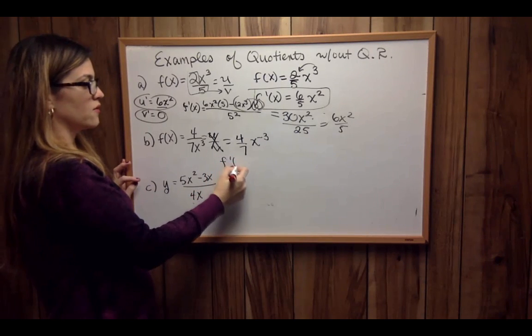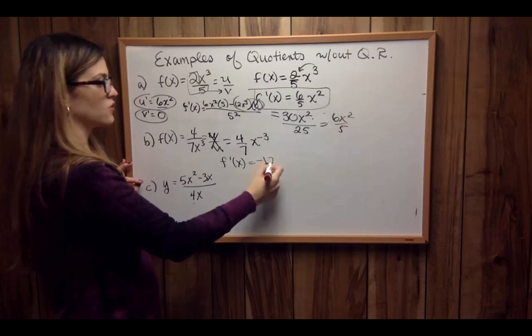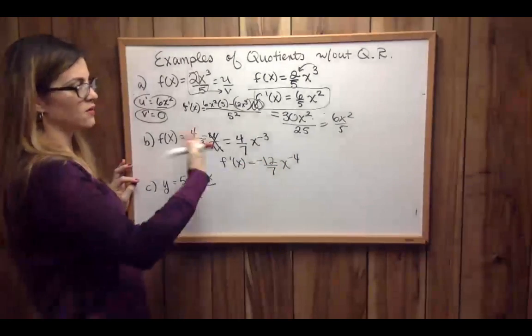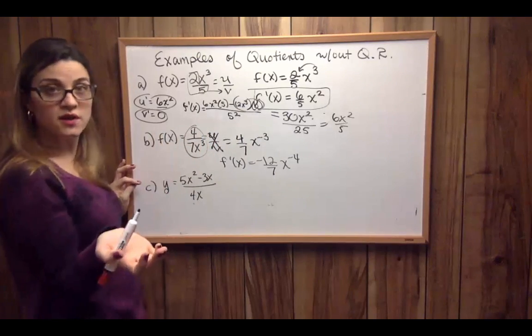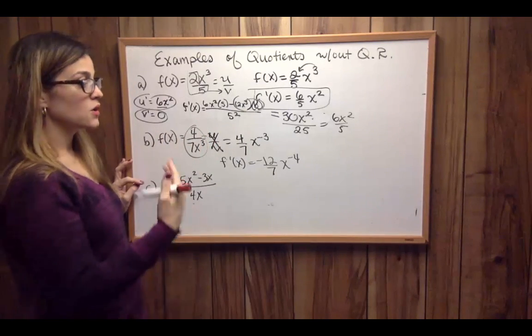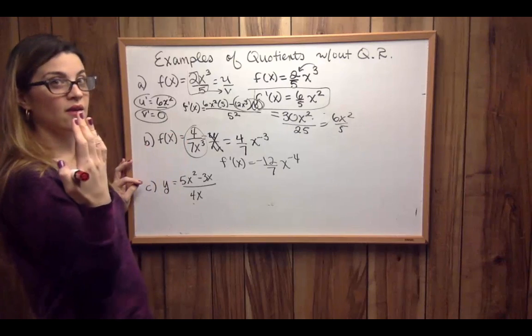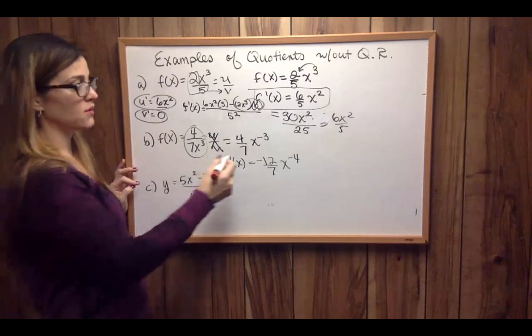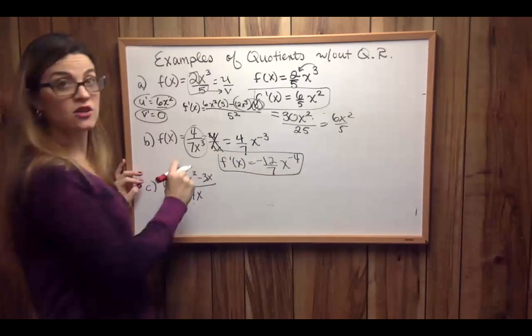So the derivative will be negative 12 over 7 x to the negative fourth. And if you did the quotient rule with the original expression, you'd still get the same answer, but with a lot more work. So again, if you have your u or your v as just a constant term, try not to use the quotient rule. It's a lot quicker and cleaner.